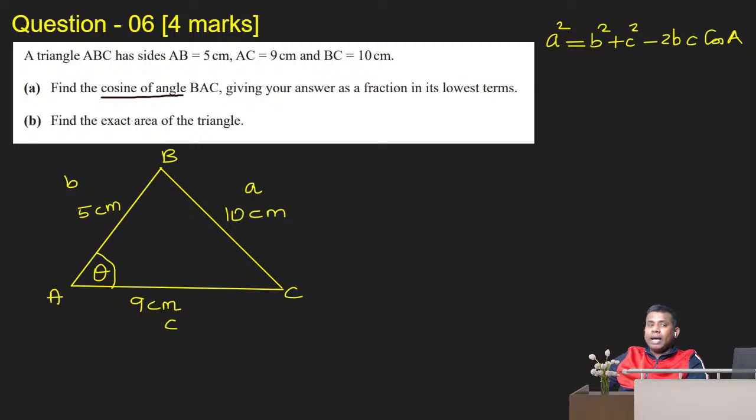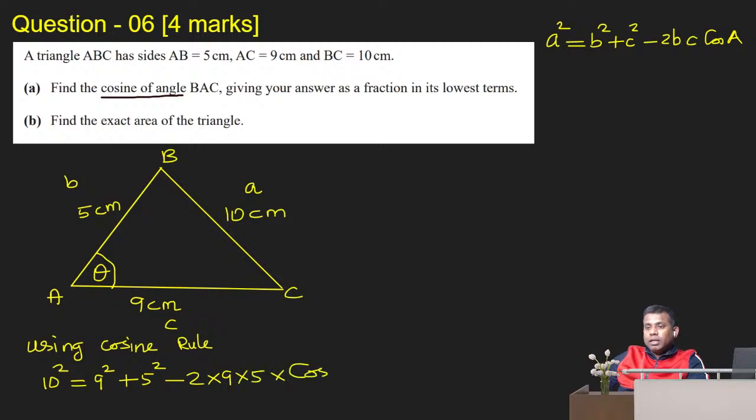So apply that straight away using the cosine rule: 10 squared equals 9 squared plus 5 squared minus 2 times 9 times 5 times cosine theta, right? Now I'm going to find the cosine theta.